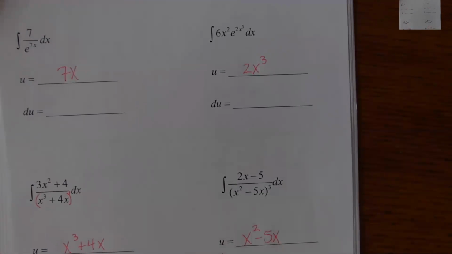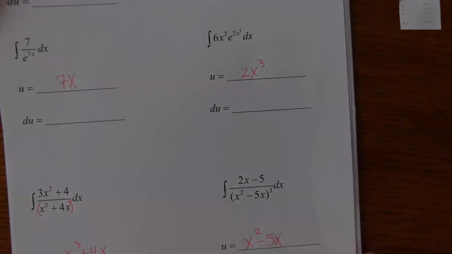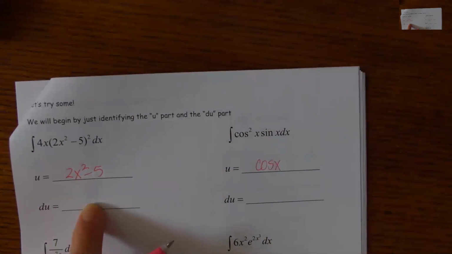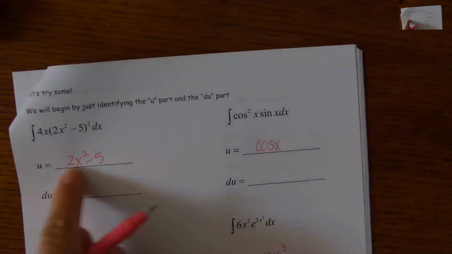Okay. Look over these for a second. Do you understand where we got the U? Do you? Okay. Once you've identified U, your job is to take the derivative of it. What is the derivative of this creature?